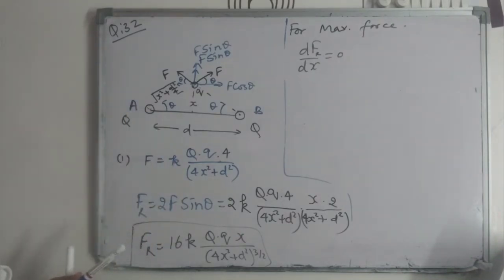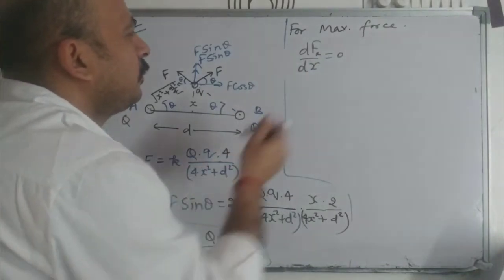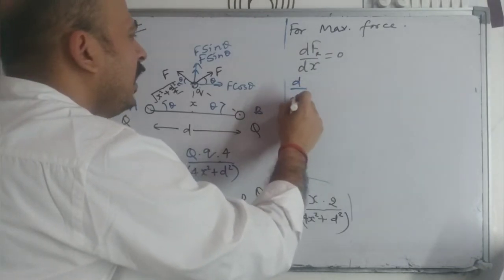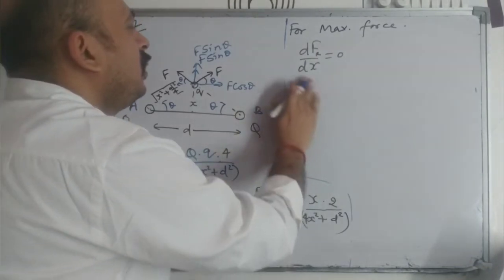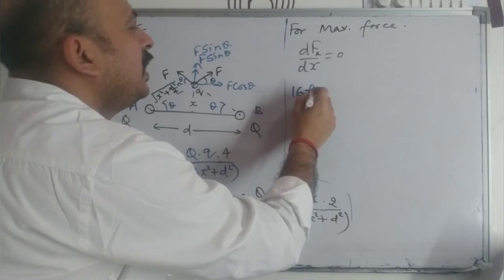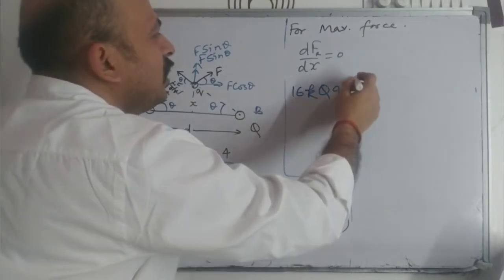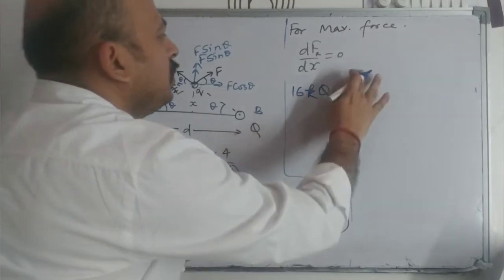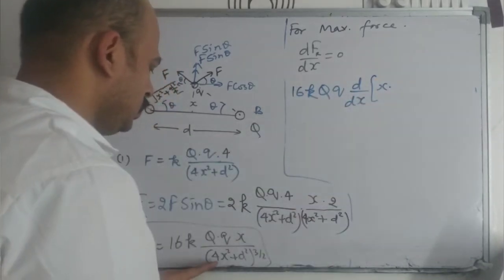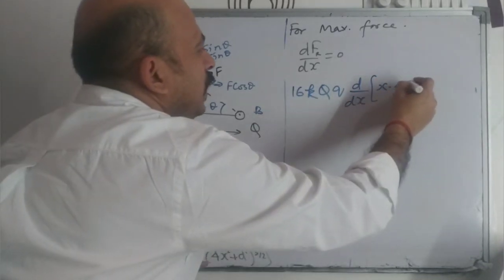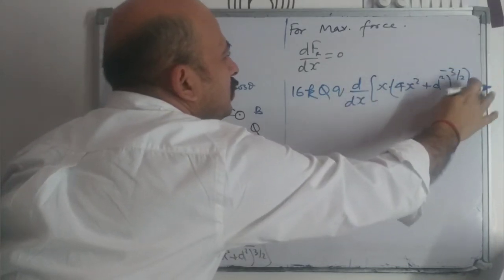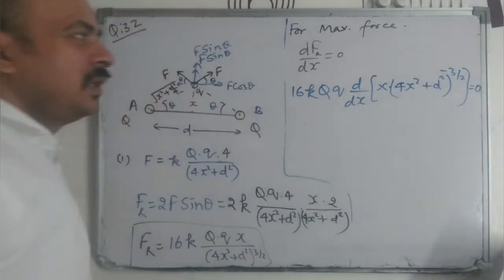So take that expression here. That will be d by dx of, what is constant in that expression? 16K capital Q small q is constant. You have d by dx of x into (4x square plus d square) to the power minus 3 by 2, and that should be equal to 0. How will you differentiate?